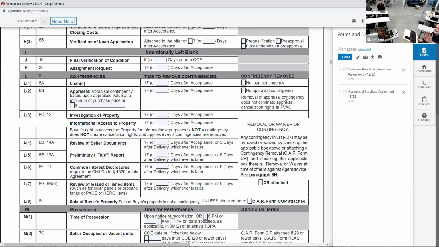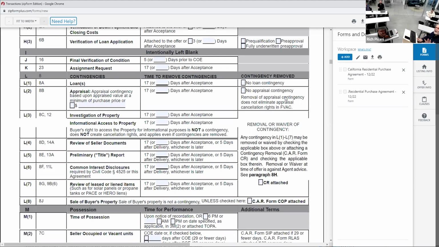So if the purchase price is $450,000, but the buyer has some cash, because if it doesn't appraise, the lender will only loan on the appraised value. Say it appraises for 430. They're only going to lend up to 430. So in order to get to that 450, the buyer has to add some cash.